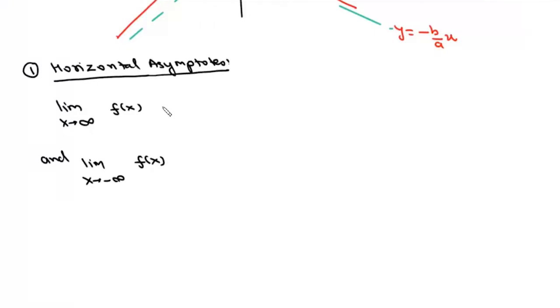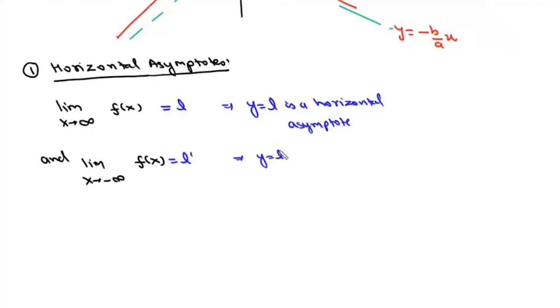If these limits exist finitely, say L, then we'll say this line y equals L is a horizontal asymptote. In the same way, if this is say L dash, then we'll say this y equals L dash is a horizontal asymptote for this curve f(x).